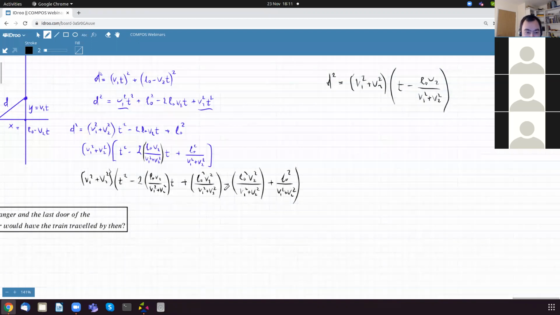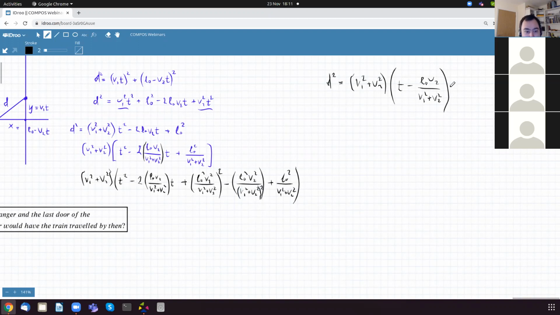And now very accurately expanding the rest. So what did I forget? I forgot the square here. And I forgot the square here.